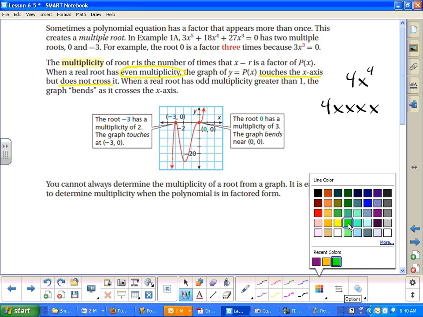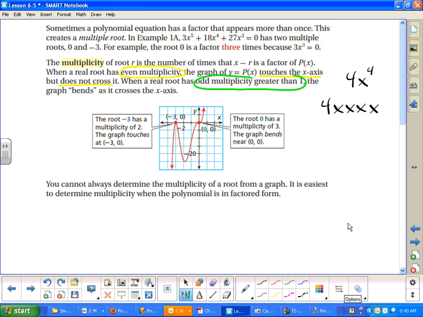When a real root has odd multiplicity greater than 1, the graph bends when it crosses the x-axis. So even multiplicity, it touches the x-axis but doesn't cross it. It looks like a quadratic. You know what a quadratic looks like, right? Either smiles or frowns, but when it gets to the x-axis, it hits it and turns the other way, goes back the other direction. If it's odd multiplicity greater than 1, it bends as it crosses through the x-axis.